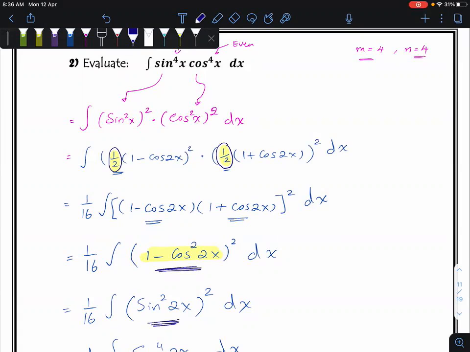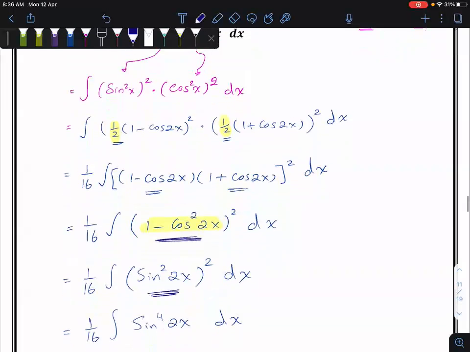So quarter times quarter is 1 over 16 outside the integral as a constant. We're multiplying 1 minus something by 1 plus the same thing, which gives the difference of two squares: 1 minus cosine squared, and complete. Yes, I get it.